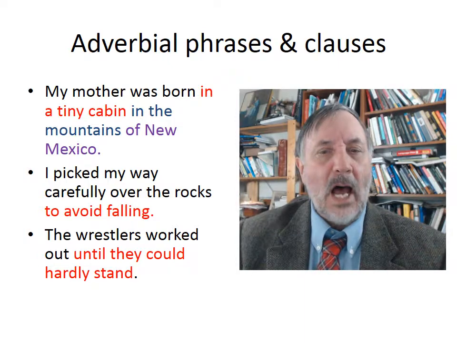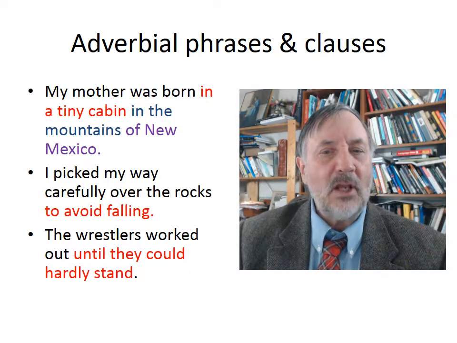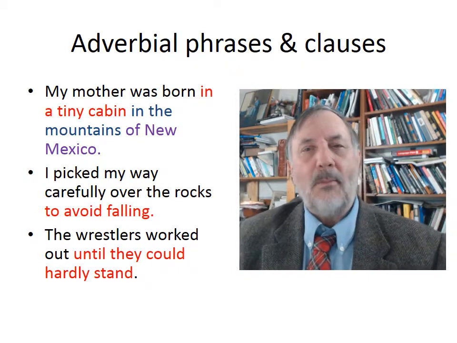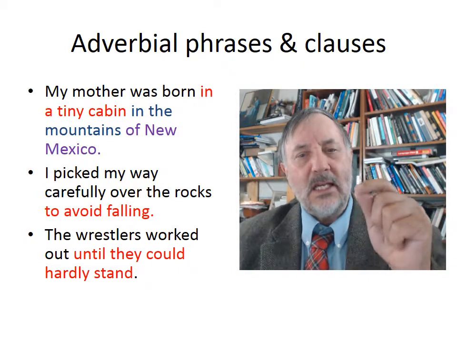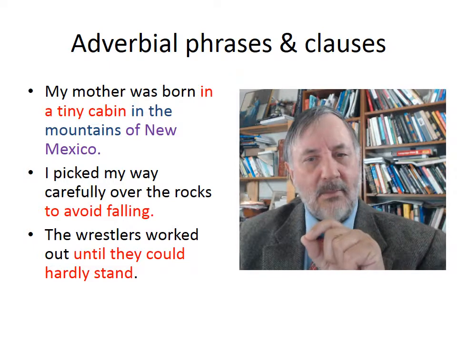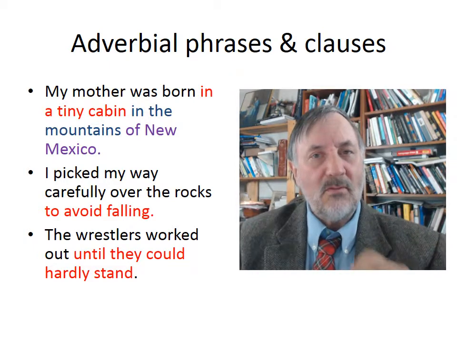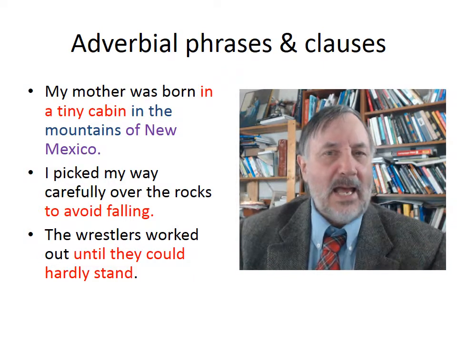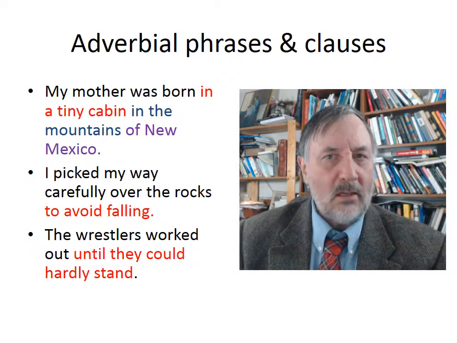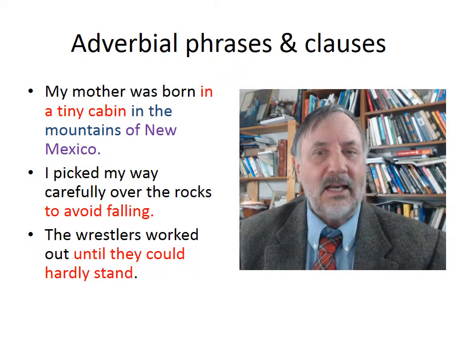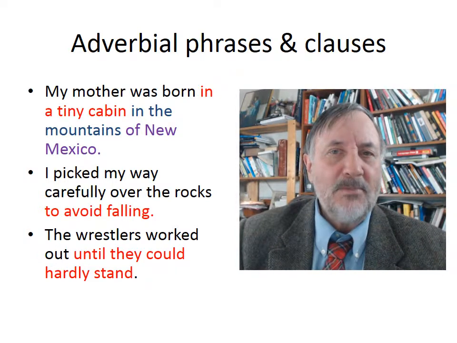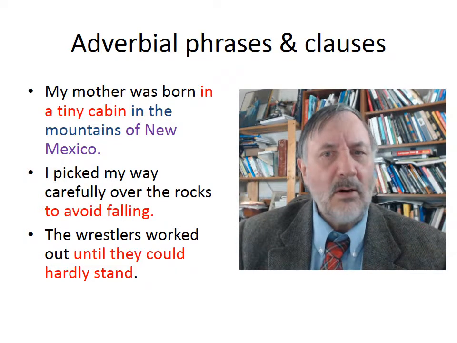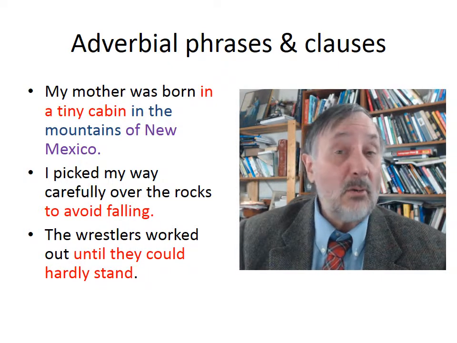I picked my way carefully over the rocks to avoid falling. Again, we have the infinitive phrase to avoid falling, and it's modifying how or why I picked my way in that manner. So that's an adverbial phrase. Now, the wrestlers worked out until they could hardly stand. Here we have a clause.